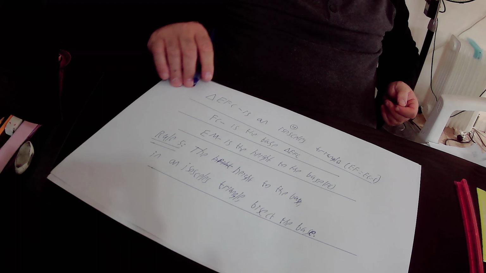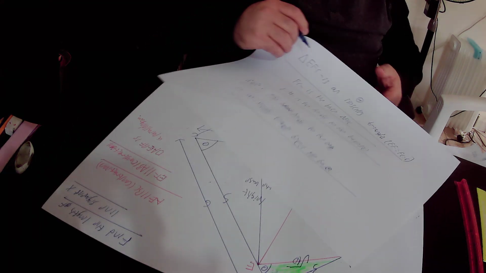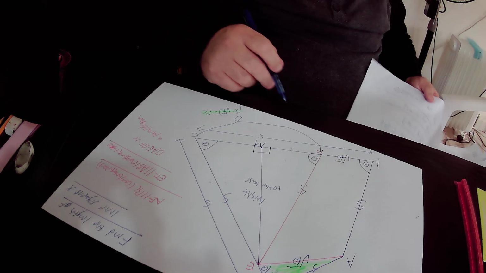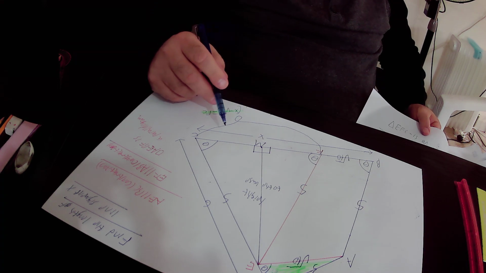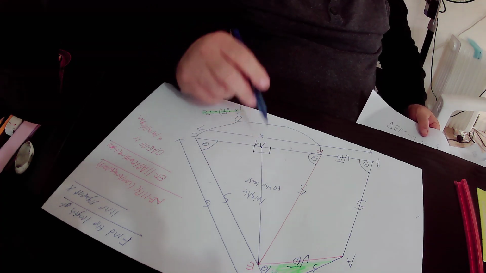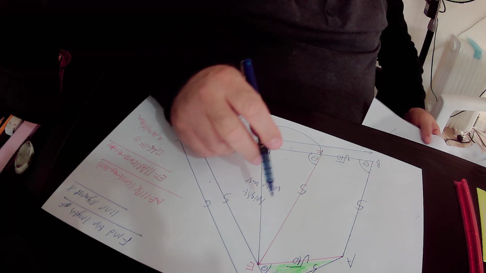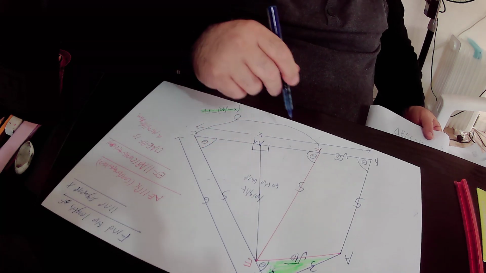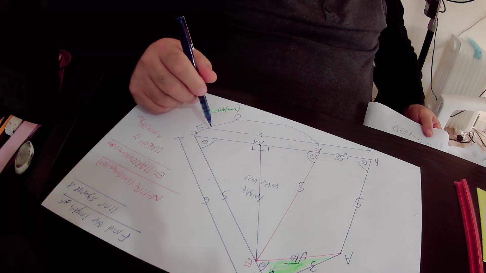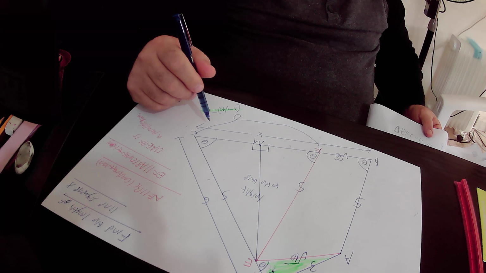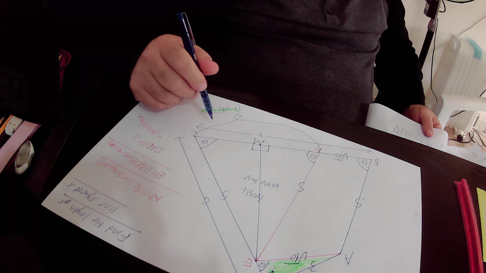So here we have the isosceles triangle EFC, and EM is the height to the base. So the height EM to the base FC bisects the base FC. That is to say, it divides it into 2 equal parts.